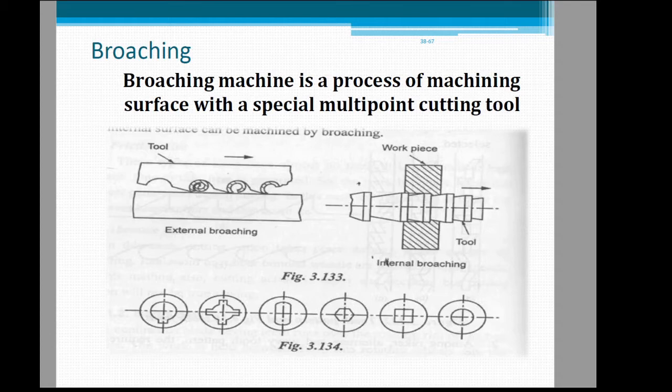External broaching removes the unwanted material from the surface of the workpiece, while internal broaching enhances the size of the hole. Different profiled holes can be produced as shown in this figure.